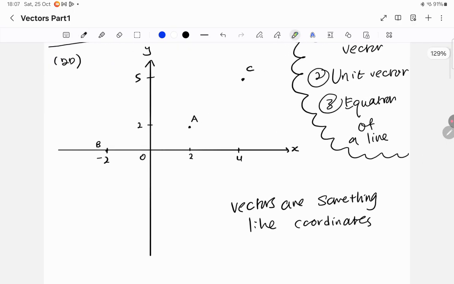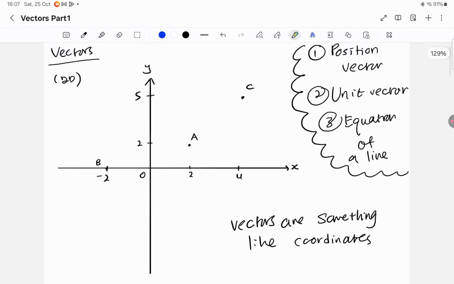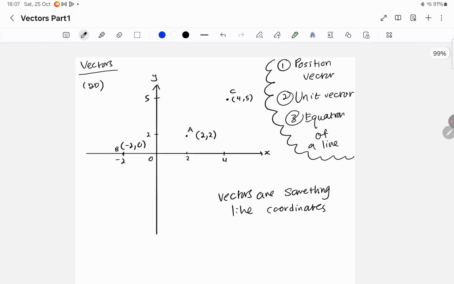For example, based on the plane I've drawn, can you tell me what the coordinates of A are? If you did it correctly, you would say the coordinates are 2, 2. Same thing goes for point B here. What would be the coordinates? It would be -2 and 0. And for point C over here, it would be 4 and 5. That's pretty easy, right?